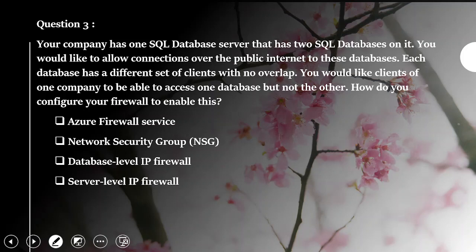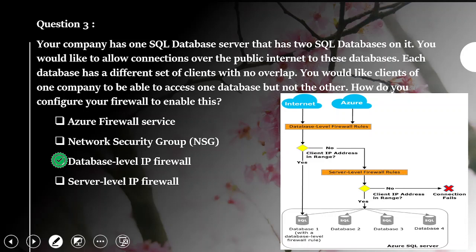But if we want to restrict access to a particular database, in that case we need to use the database level firewall. So here our answer is database level firewall, because we are going to restrict one of the clients to use only one database.